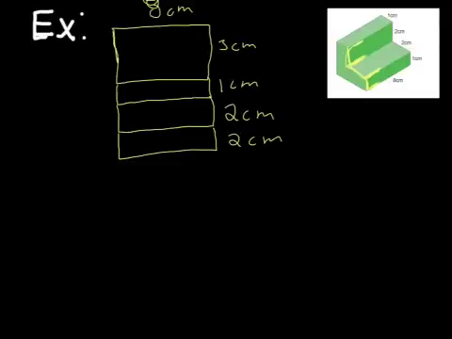So we have constructed the bottom, this front panel, this top one, another front one, and now we have to do this top rectangle here, which is going to be 1 centimeter.